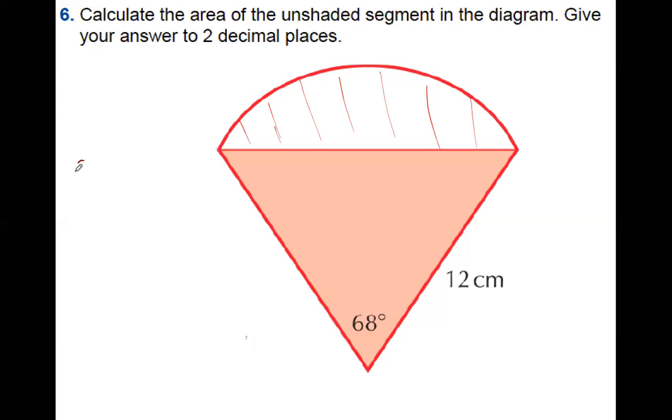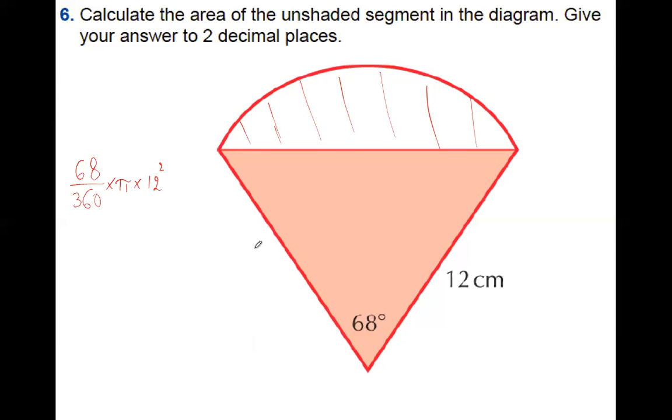There you go, times 68 divided by 360, that's times pi r squared. And that gives you the full sector. But remember, it's not the full sector that we're looking for. We're looking for that portion there.